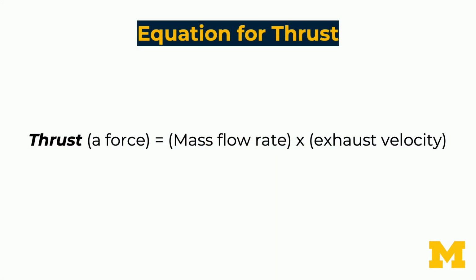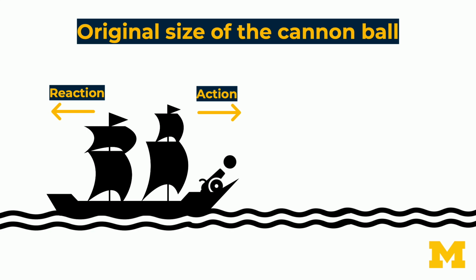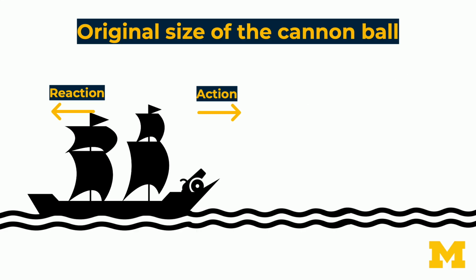The equation of thrust is that thrust, which is a force, is the mass flow rate times the exhaust velocity. And we're going to go into what that really means. If we take the boat example and we shoot a cannonball out of it, the cannonball is a certain size and it's shot out with a certain velocity. But we could lower the mass of the cannonball.